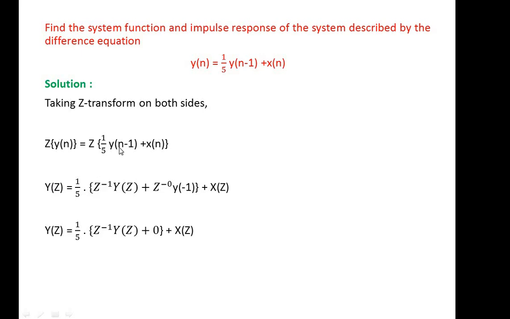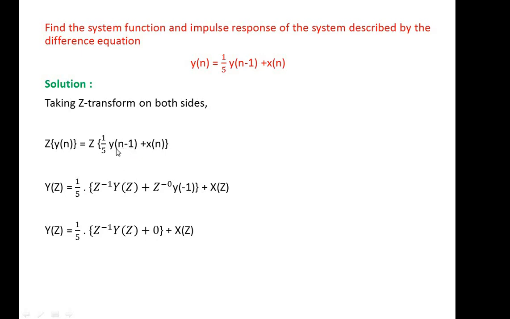Then there is the Z transform of y of n minus 1. It has y of n minus 1, so obviously we have to use the time shifting property. Using the time shifting property, we can write this in Z transform as z power minus 1 into Y of z.